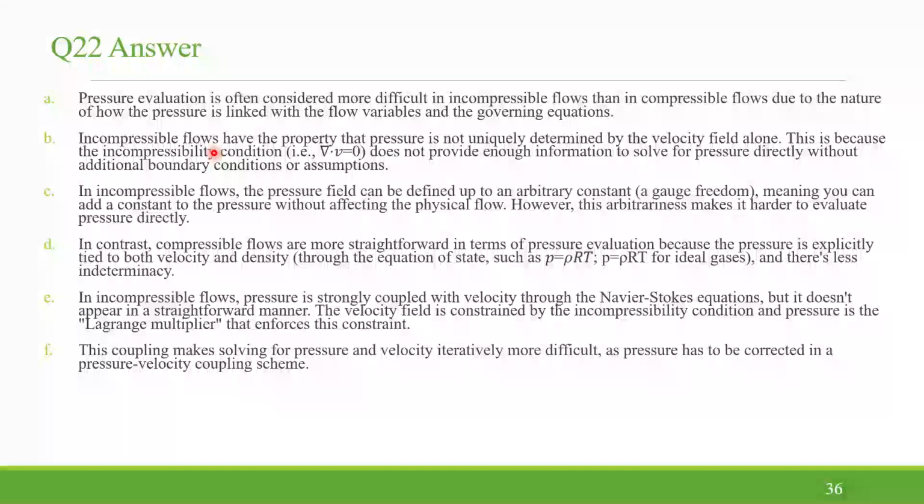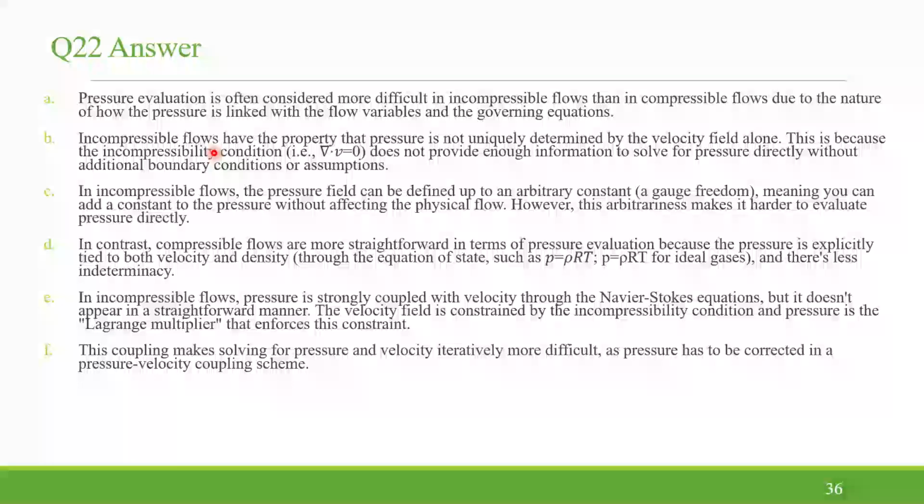So it is not straightforward. This makes the coupling more complex, and it accounts for the difficulty encountered in getting the solution from the pressure-velocity coupling. So again, evaluation of pressure enforces the constraint of incompressibility, that is del dot V equal to 0.